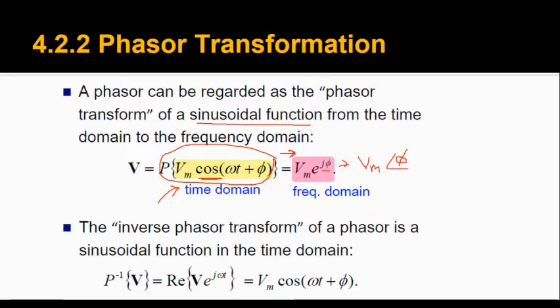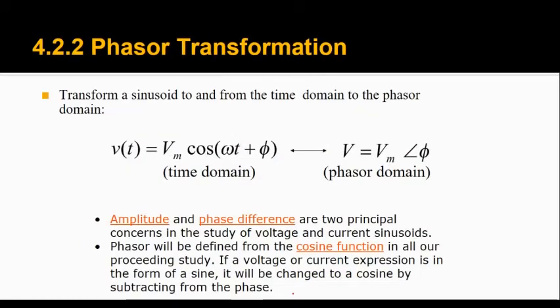The same goes for the inverse Phasor transform, where you transform the frequency domain into the time domain. Remember that both use the cos function. You can always transform a sinusoid from the time domain to the Phasor domain, and you can always transform the Phasor domain to the time domain.